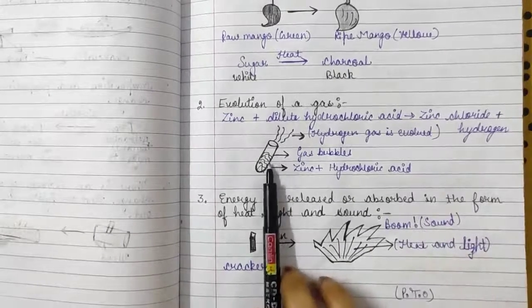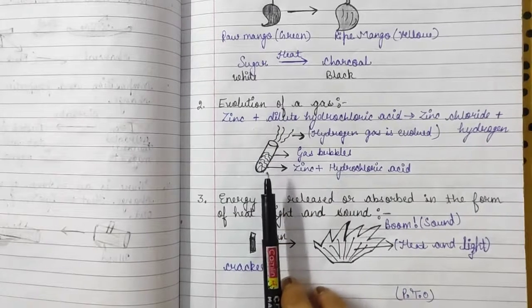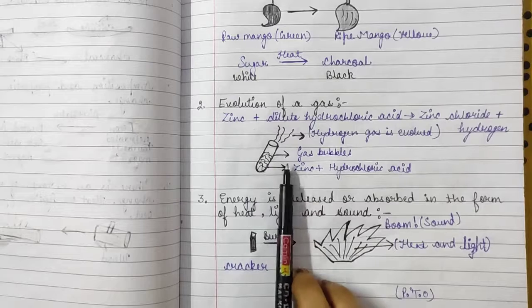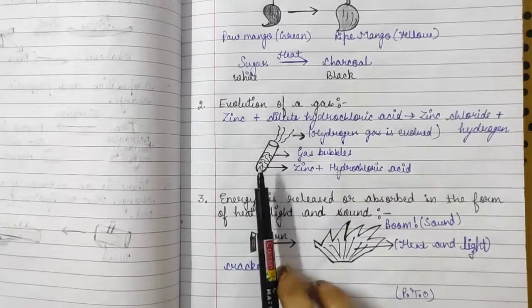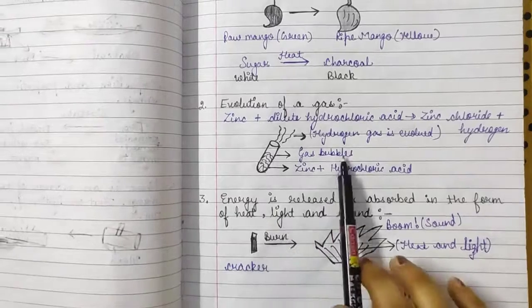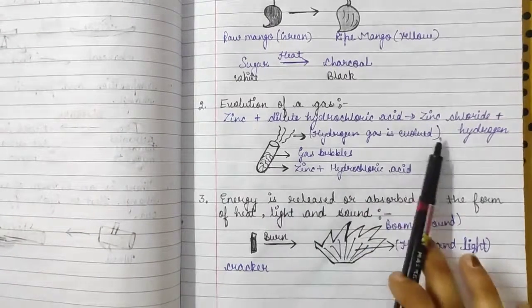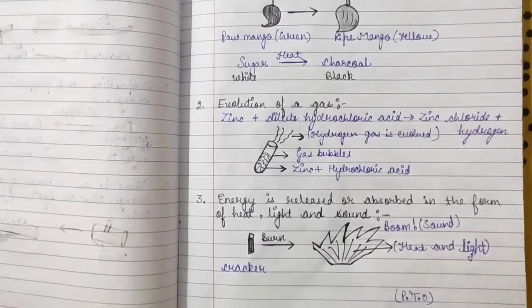Here in the diagram you may observe that in the test tube we have taken the dilute sulfuric acid and zinc. When you add these two reactants, it will form gas bubbles and hydrogen gas is evolved, which is also showing the chemical change.